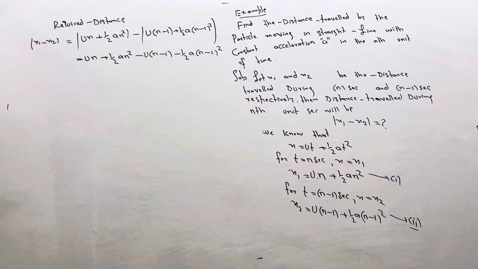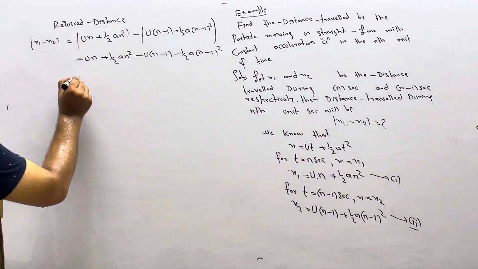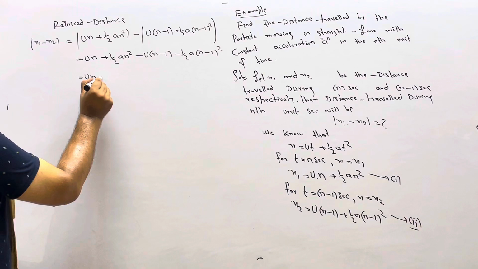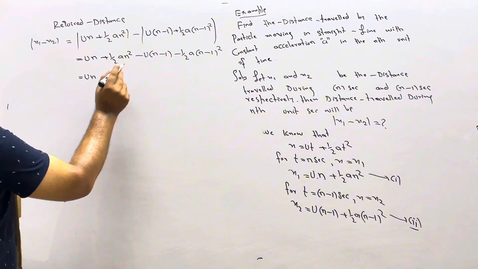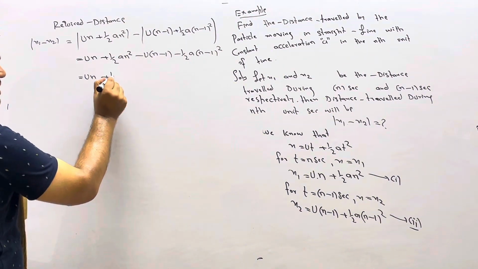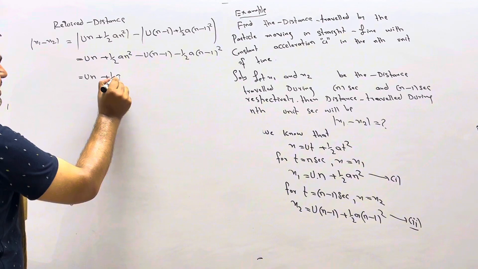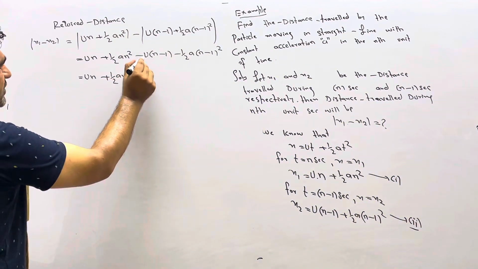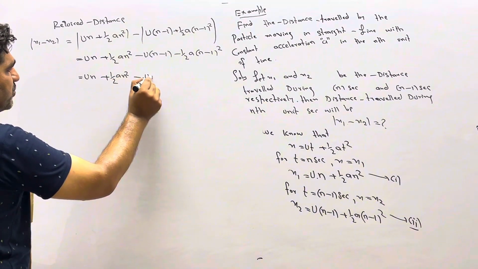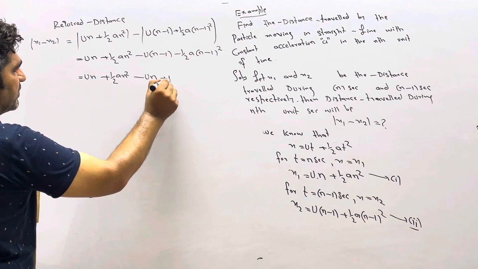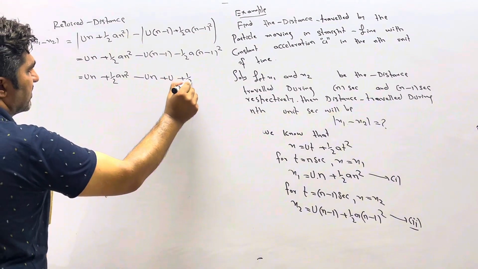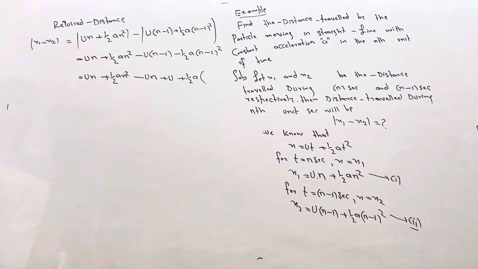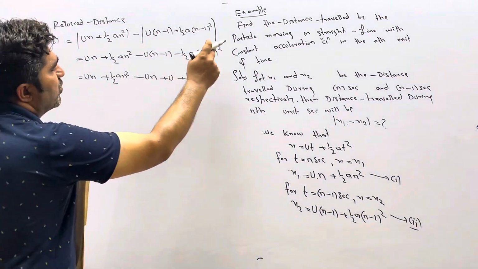Okay, what you can do here, this will be un plus half an square minus u. I can multiply here, it will be minus minus plus, it will be u plus half a. Here I can expand the formula of n minus 1 whole square.